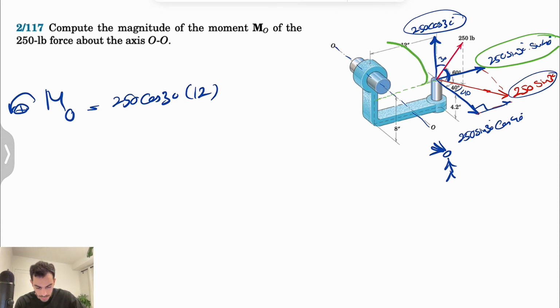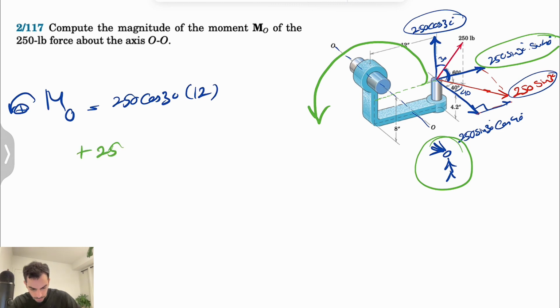This one also makes a counterclockwise moment from the point of view of this other guy. So plus 250 sine of 30 degrees sine of 40 degrees. That's our force, and for finding the moment, we also need to figure out the distance.